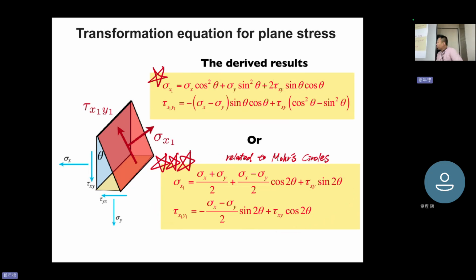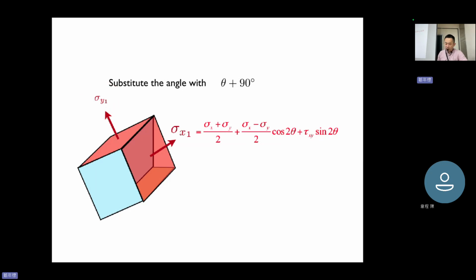Now I have given you sigma x1, tau x1y1. How about sigma y1? How to do that? Actually, your theta is an arbitrary number, right? Previously, your theta is theta. To get sigma y1, you use theta plus 90 degrees.